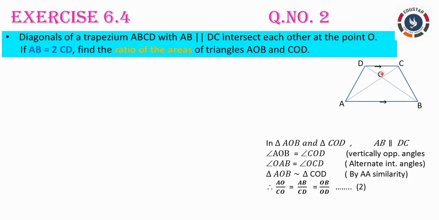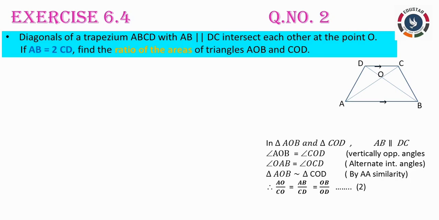What type of angles are they? Vertically opposite angles. Next, as AB and DC are parallel and we consider AC as the transversal, we get angle OAB equal to angle OCD. What type of angles are they? Alternate interior angles. That is enough to prove that these two triangles are similar by AA similarity.